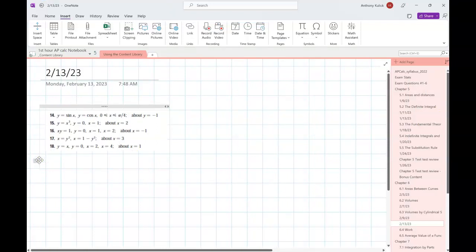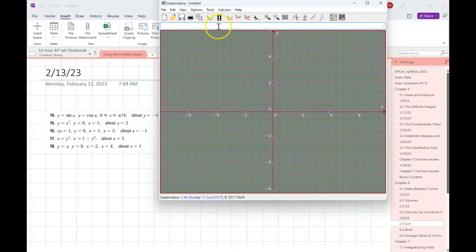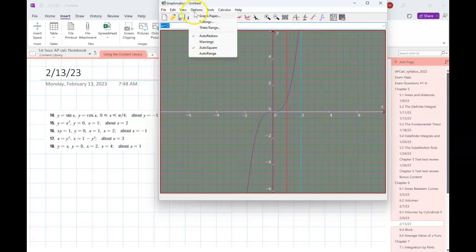All right. So we'll start by getting ourselves a picture. This one would have been no problem to do in your calculator, or really by hand even, I think. So y equals 0, x equals 1, and then x equals 2 is our axis of rotation.